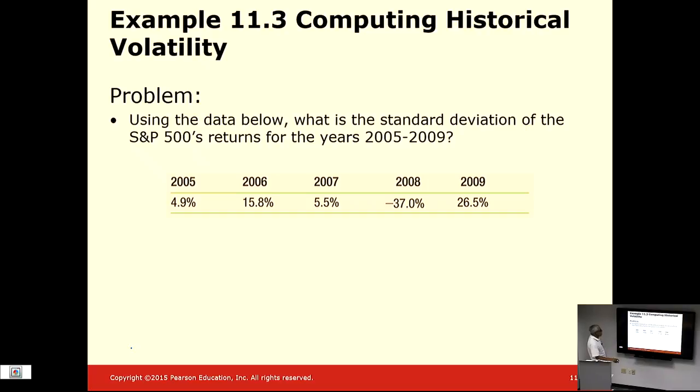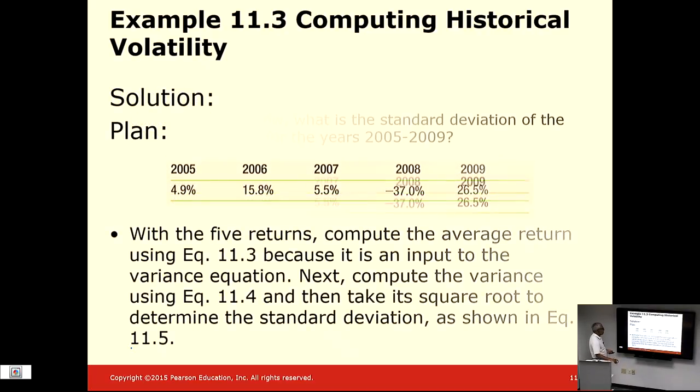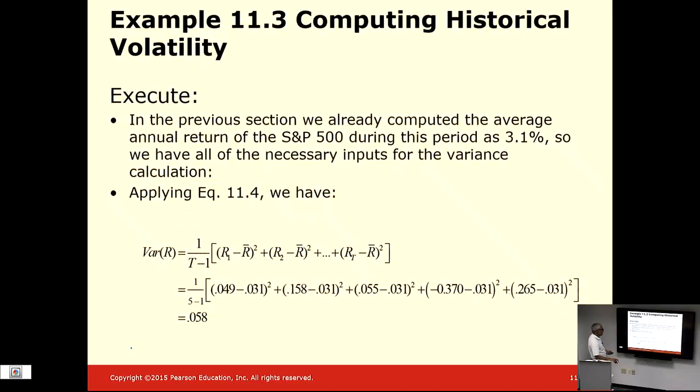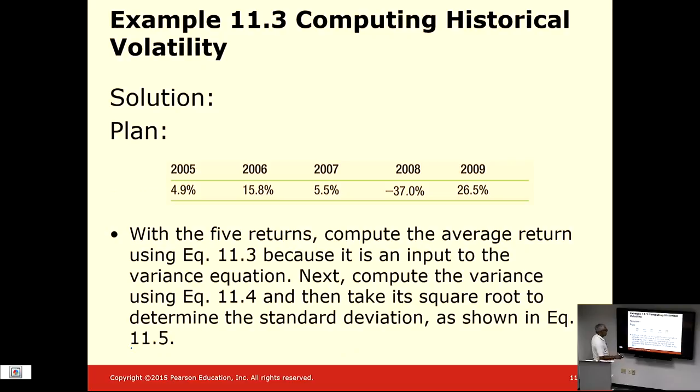So take, for example, this time series. We have the returns in each of the years from 2005 to 2009. Once I have those returns, I can calculate my mean value. So what would I do? I will add up these numbers.